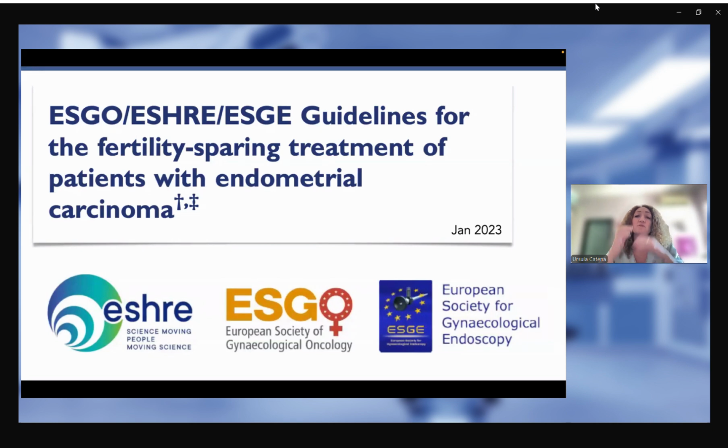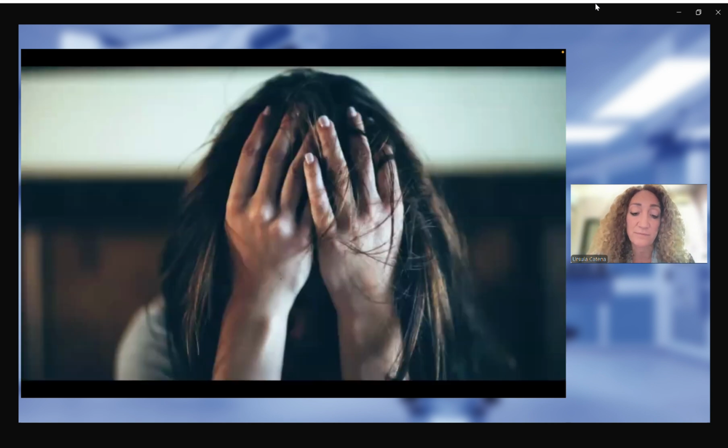In January 2023, finally, after a lot of effort by our three societies, we succeeded in having our joint guideline between ESGE, ESGO, and ESHRE about the fertility-sparing treatment of patients with endometrial cancer.